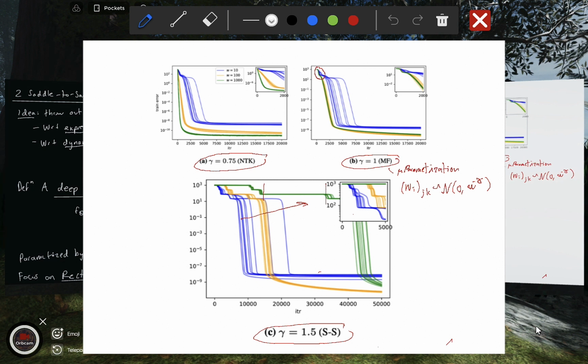On the y-axis, it says train error. The specifics of this task are, if I remember correctly, they generate some true model, let's call it A star. The truth is this matrix, with increasing numbers down the diagonal, and they do that to make certain of these components more important than others.